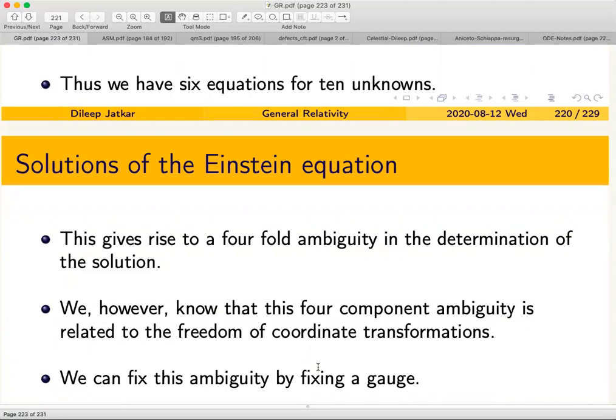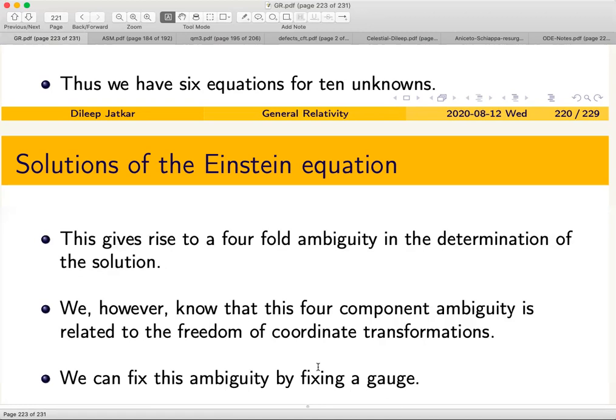In other words, we want to say that general coordinate transformation is like a gauge symmetry. Exactly like in electrodynamics, A mu going to A mu minus del mu of lambda does not change the electric and magnetic fields. Similarly, g mu nu going to g mu nu tilde, which is a tensor transformation of g mu nu, does not generate any new geometry.